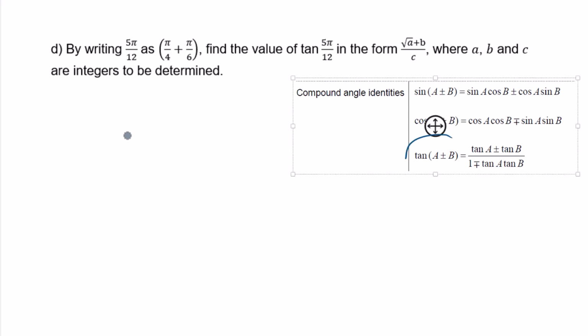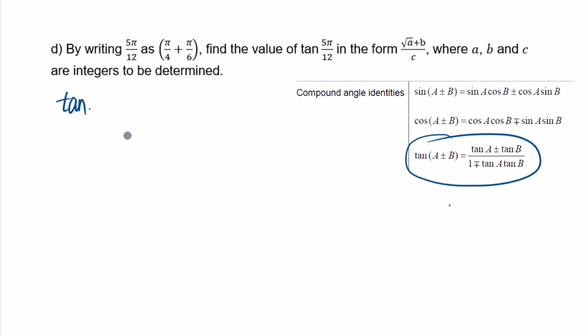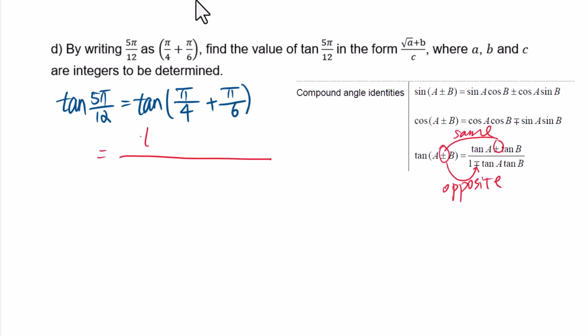We will use this formula: tangent 5 pi over 12, tangent of pi over 4 plus pi over 6, equals tangent pi over 4 plus tangent pi over 6 over 1 minus tangent pi over 4 tangent pi over 6.